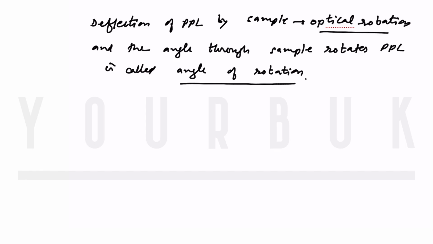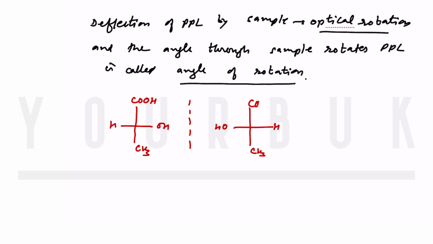Right. Now we take one example. Now if you look at the two enantiomers of lactic acid like these two, which are non-superimposable mirror images, out of these two, which one is dextro and which one is levo, I don't know, because that's an experimental quantity. But yes, if you know this is a dextro isomer, this will be 100% levo isomer.